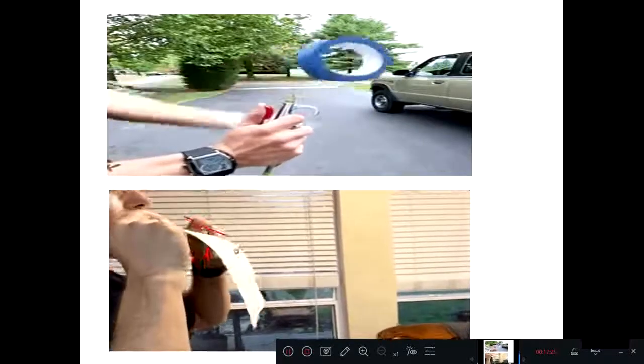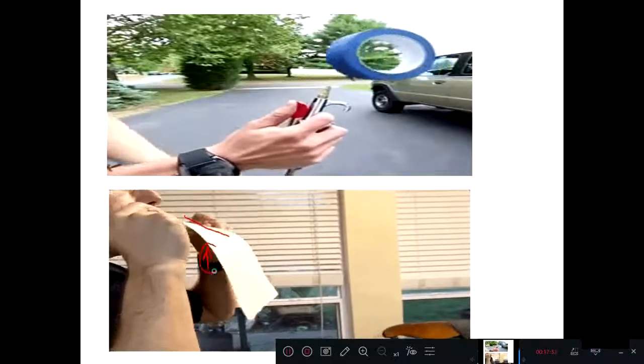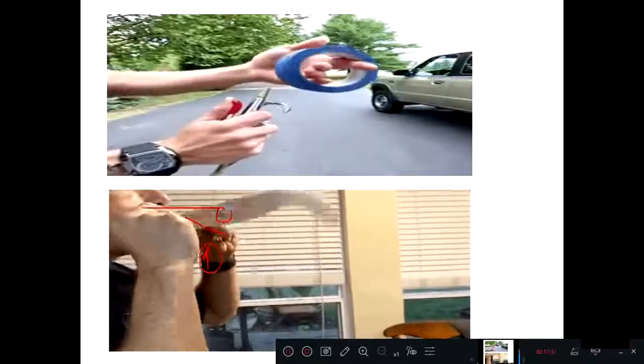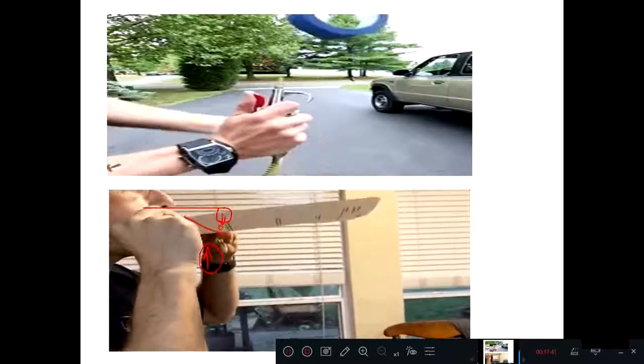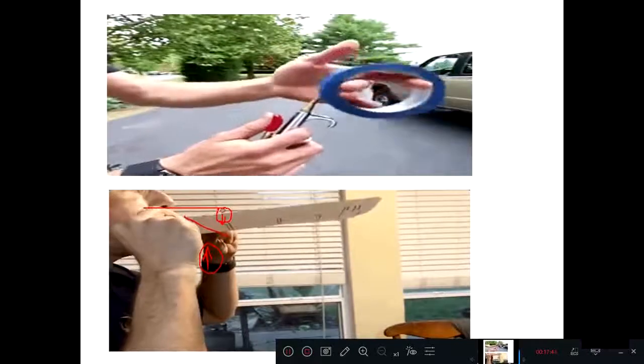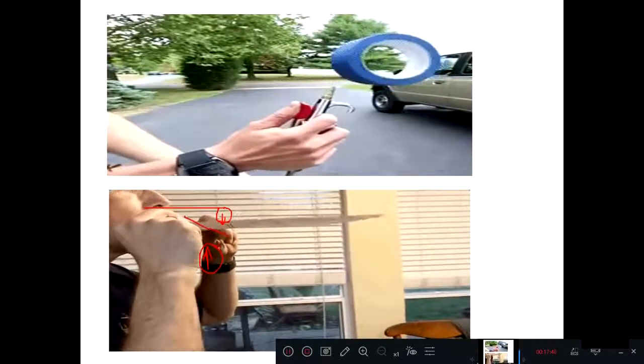See here, the same thing will happen in the case of aeroplane wings. On the lower side it creates a high pressure, so the lower side is a region of high pressure, and the upper side is called a region of low pressure. The pressure is low here, the velocity is more here. The pressure is high here, the velocity is low here.